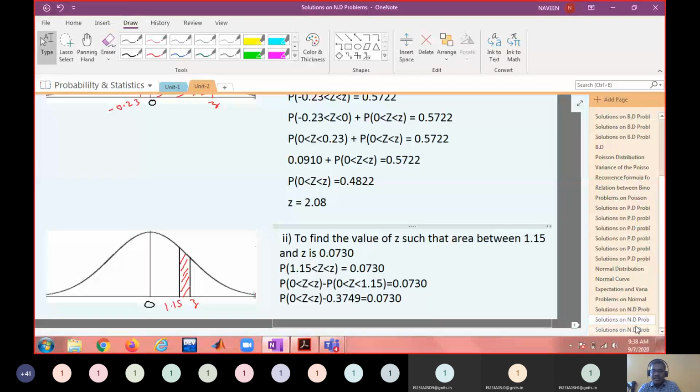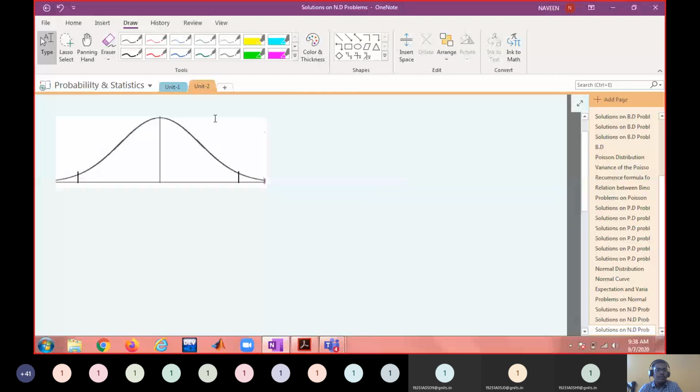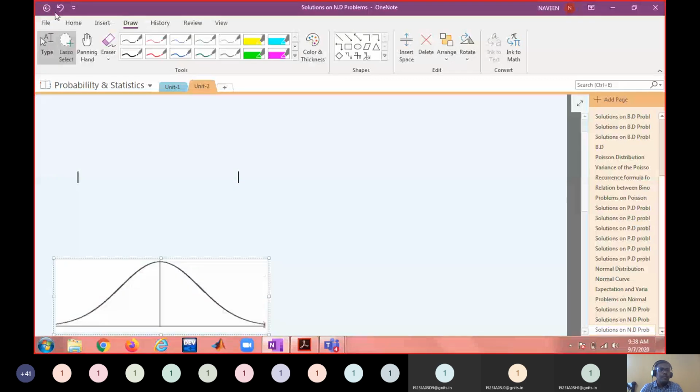So I will write that on the next page. Okay. So that means probability that 0 less than z will be equal to 0.4479. Now from this you need to find the z value.